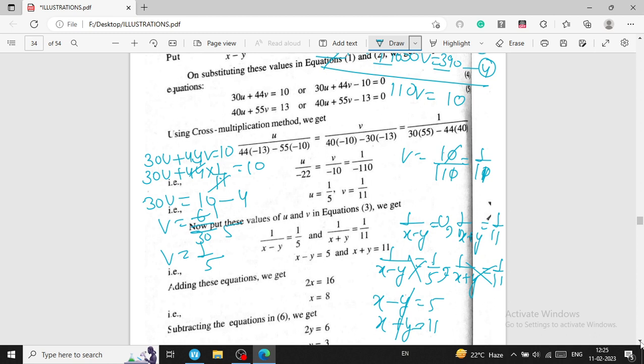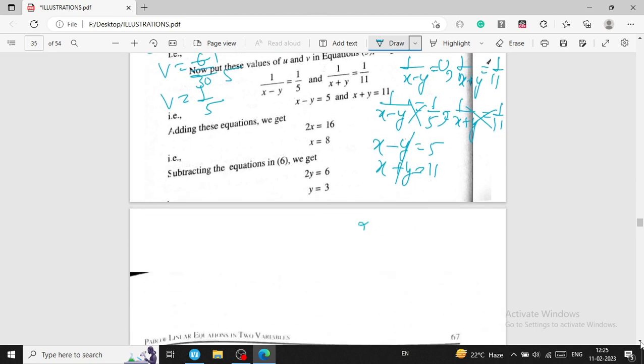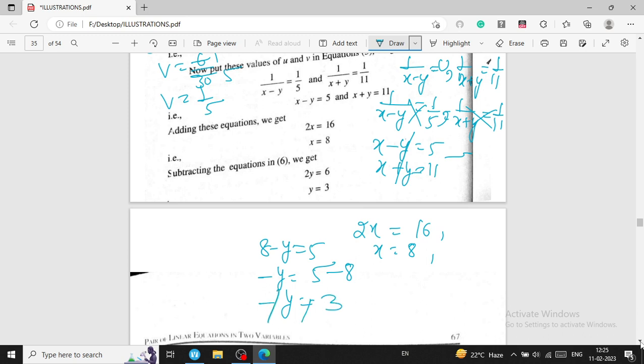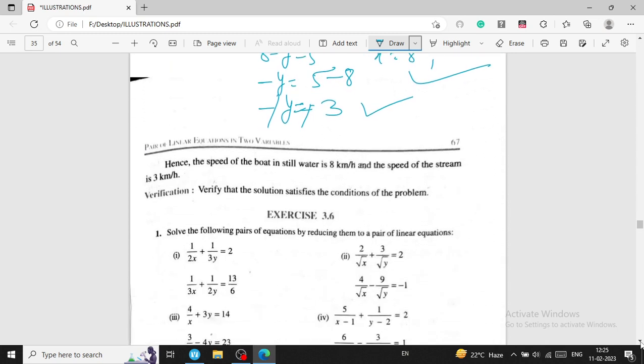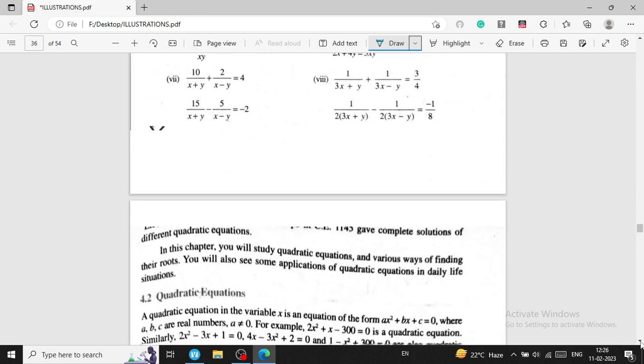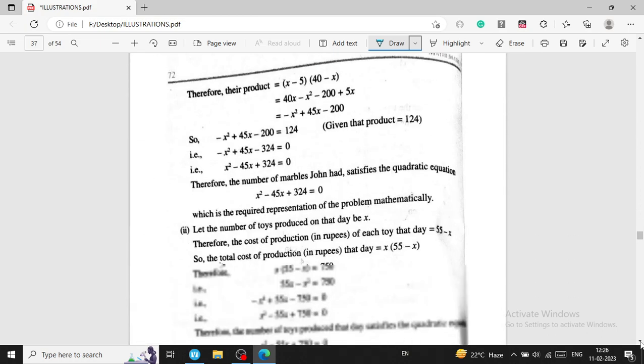Adding, y cancels with y, and we find 2x is equal to 16, so x is equal to 8. Substituting in the first equation, we find 8 minus y is equal to 5, minus y is equal to 5 minus 8, so y is equal to 3, minus cancels with minus. Finally you get the x and y values. All these questions will be solved in this way.